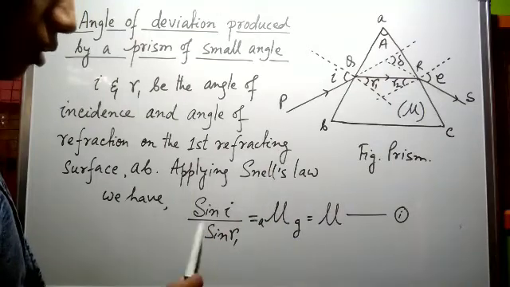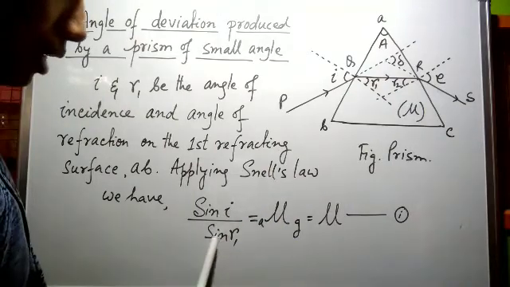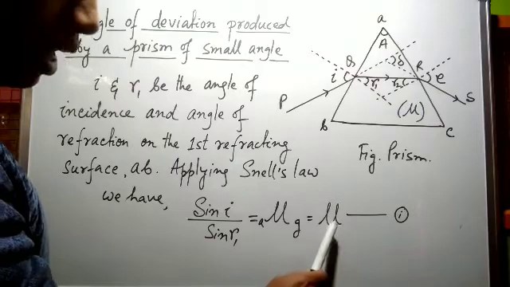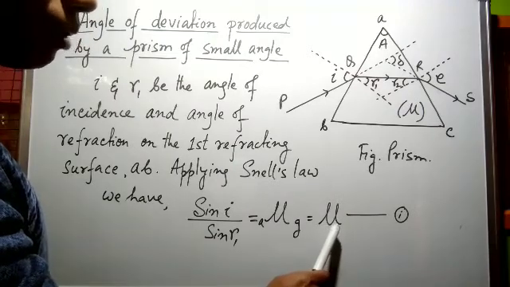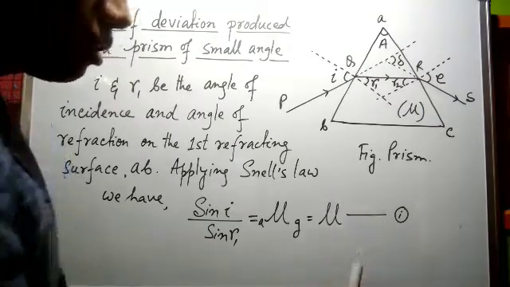So Snell's law gives sin I by sin R1 equal to mu, and write it as equation number 1.